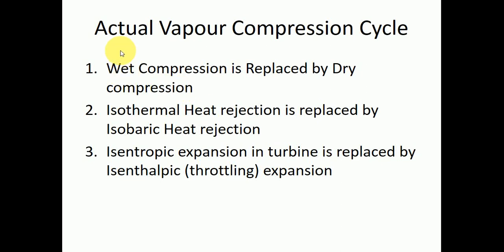So in this video I'm going to explain the difference between the actual vapor compression cycle and the Carnot cycle. As I have explained before, in a Carnot compression cycle we are in the wet compression region, and during compression we have a mixture of liquid and vapor phase.